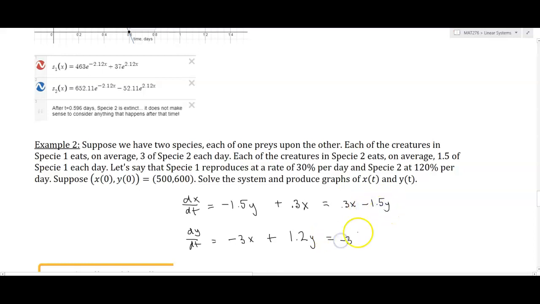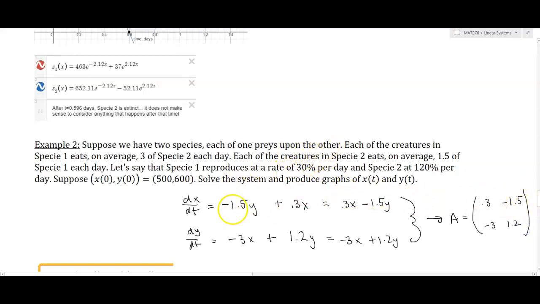And this one's good, that one's negative 3x plus 1.2y. And so this leads me to grab my coefficient matrix, which is 0.3, negative 1.5, negative 3, and 1.2. So now I'm prepared to find the eigenvalues.